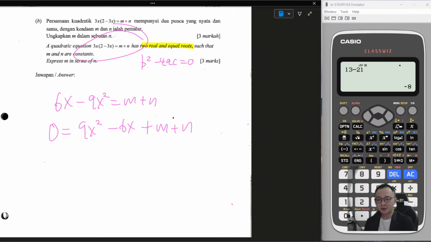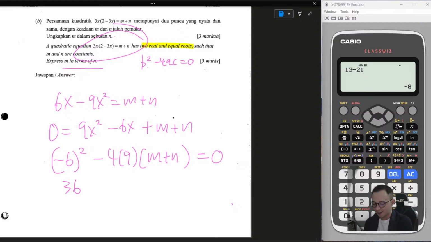Okay, so I want to do b squared minus 4ac. My b is negative 6, squared. My a is 9. My c is m plus n. So it equals 0. The question asks me to express m in terms of n. So this is 36 minus 36m minus 36n equals 0.